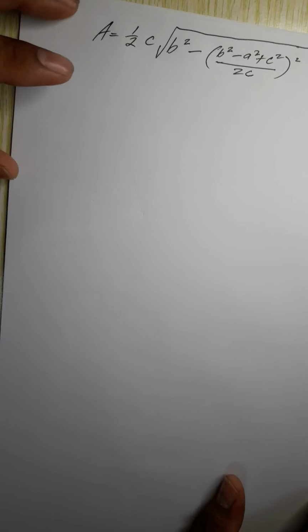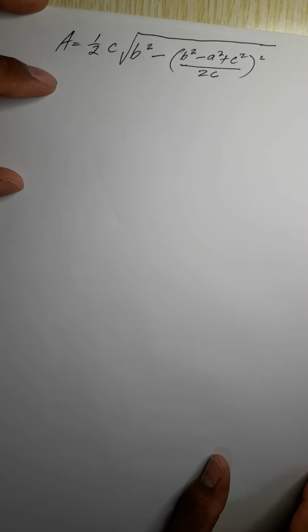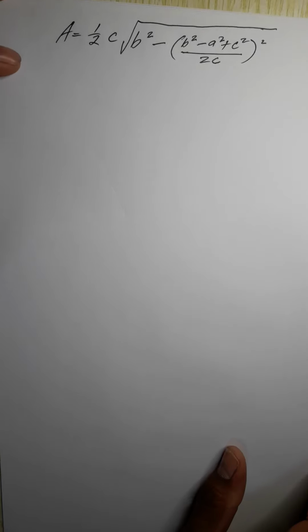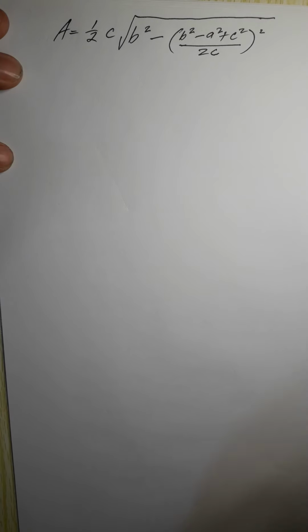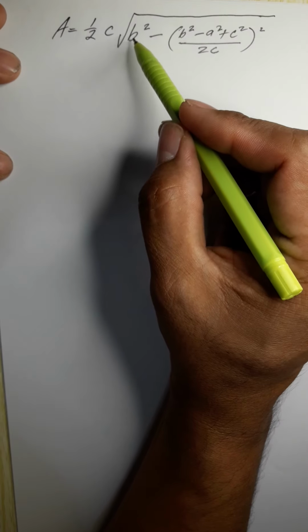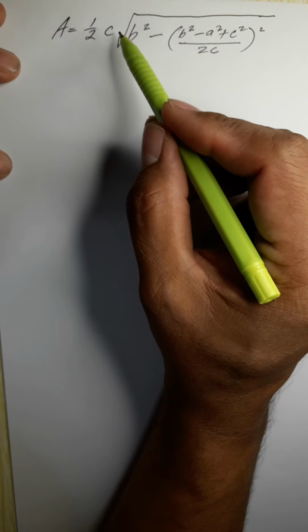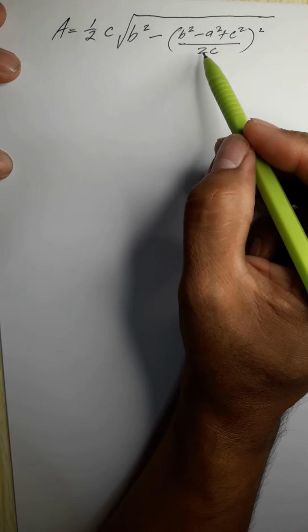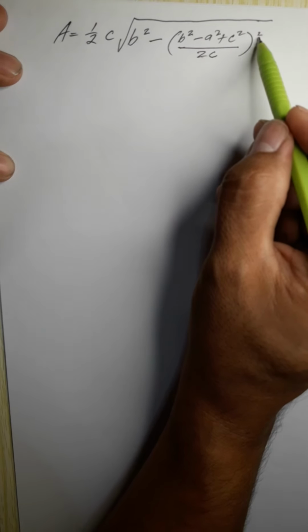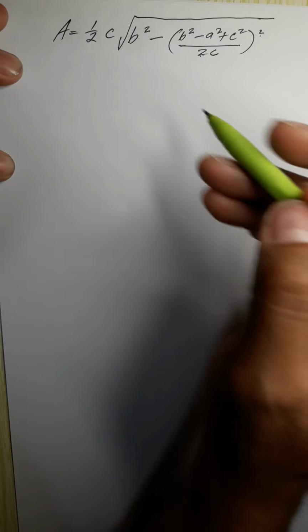From here we can take the common denominator of the two terms inside the radical sign, and that is 4c squared.